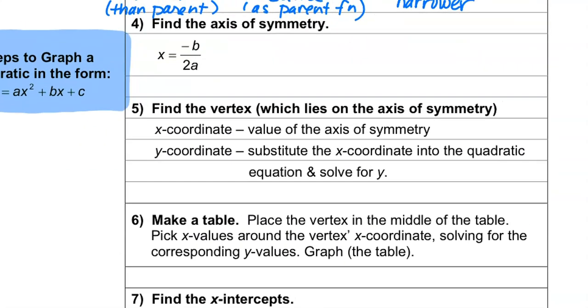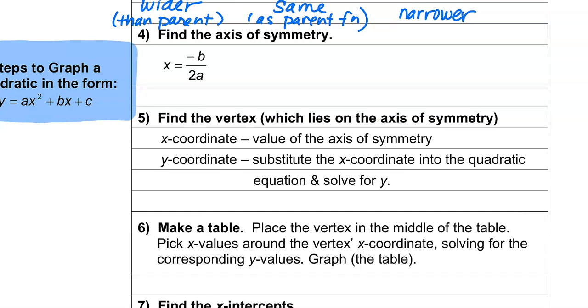Now, for 5, it says find the vertex. This is important because it says which lies on the axis of symmetry. If it lies on the axis of symmetry, then we know the x-coordinate because we just found it. It's the value of the axis of symmetry.